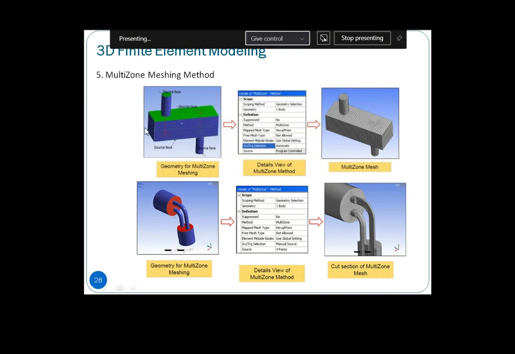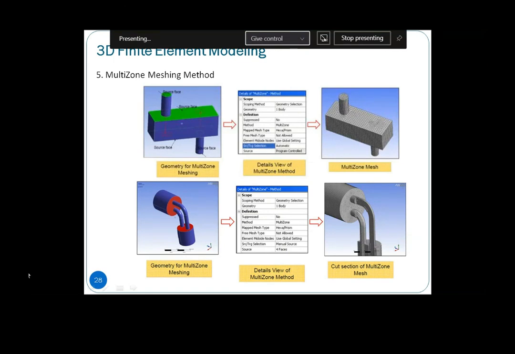The sweep method only detects the sweepable body and then discretizes it using hex. With multi-zone, you just select the faces, in this case maybe 1, 2, 3, and the bottom 4 surfaces. Then it will discretize using hex, and where hex is not available, it will be replaced by other types, the so-called unstructured mesh.